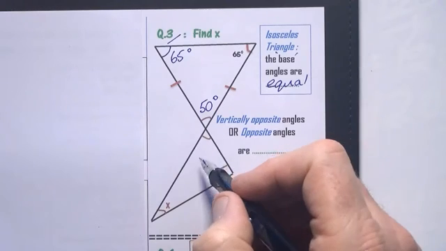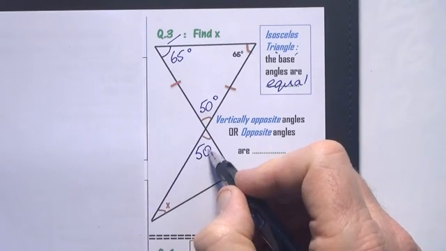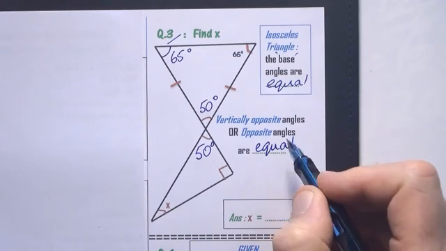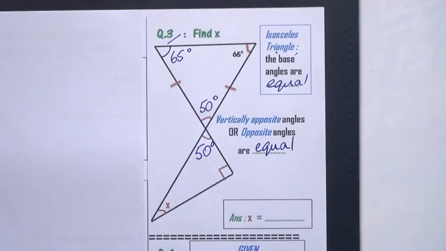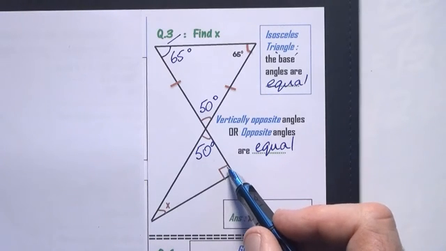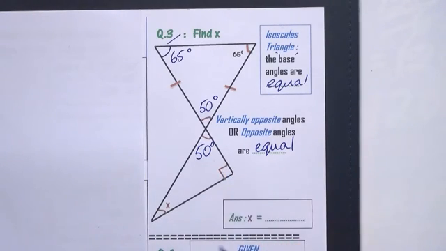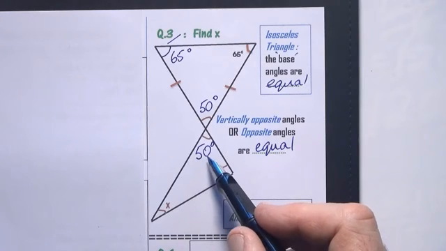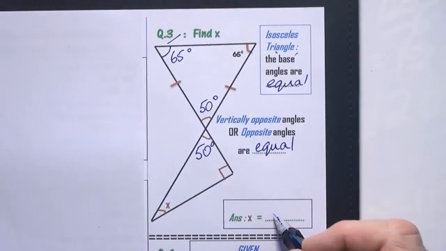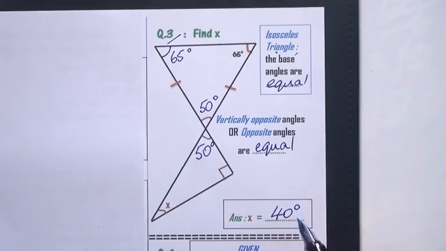And vertically opposite angles are equal. So this is also 50 degrees. In the bottom triangle, we have a right angle. So therefore, these two angles, x and 50, are complementary. X will be 40 degrees.